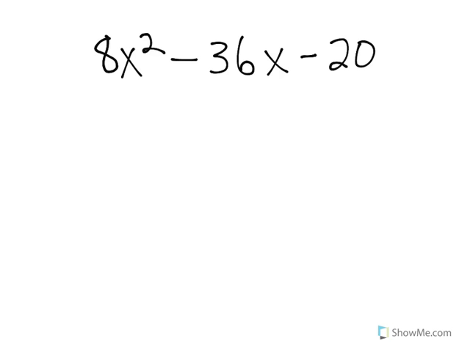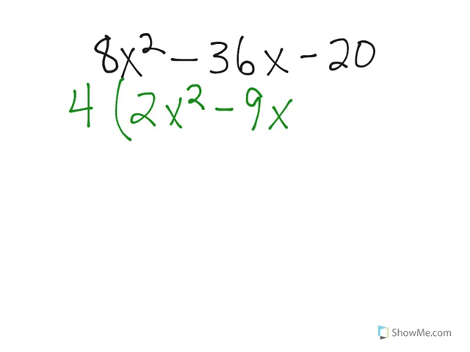In this particular case, yes. 4 will go into all three of those terms. So we're going to factor out a 4, and we'll rewrite this polynomial as the product of 4 times 2x squared minus 9x minus 5.